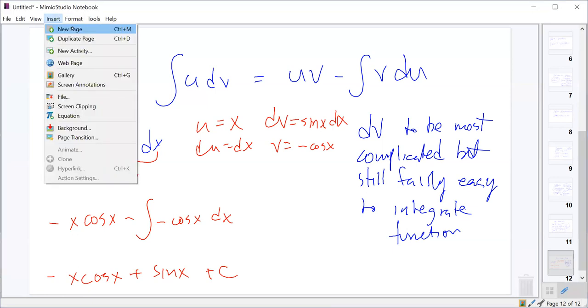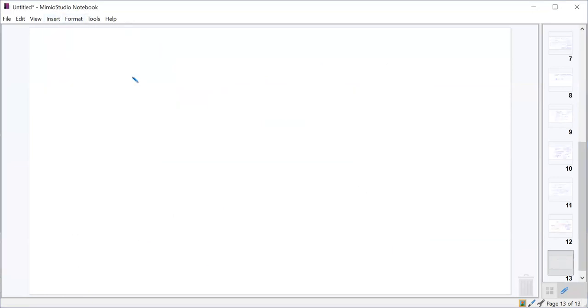Cool. All right. So let's start with something like the integral of x cubed sine 2x dx. So we'd immediately recognize this as one that we would want to use integration by parts for.